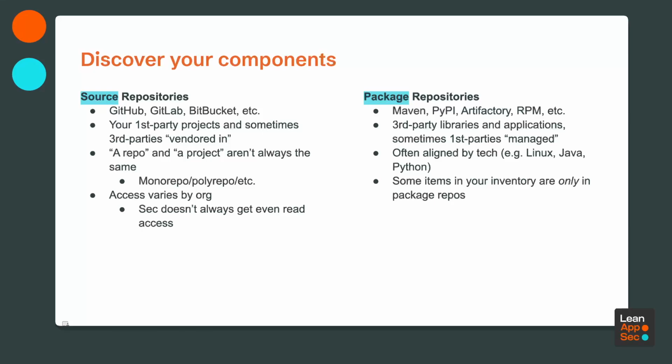Places like GitHub and GitLab also have package repositories, so you've got to be a little bit careful. But inside the source repository part of these things, you have repositories individually as a kind of unit of analysis. You've got to be careful, because while often a repository houses a project, it's not always a one-to-one relationship.